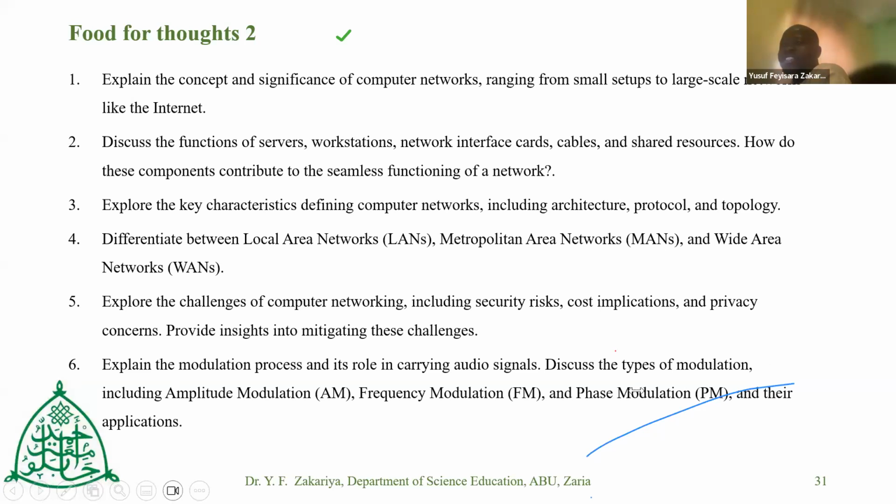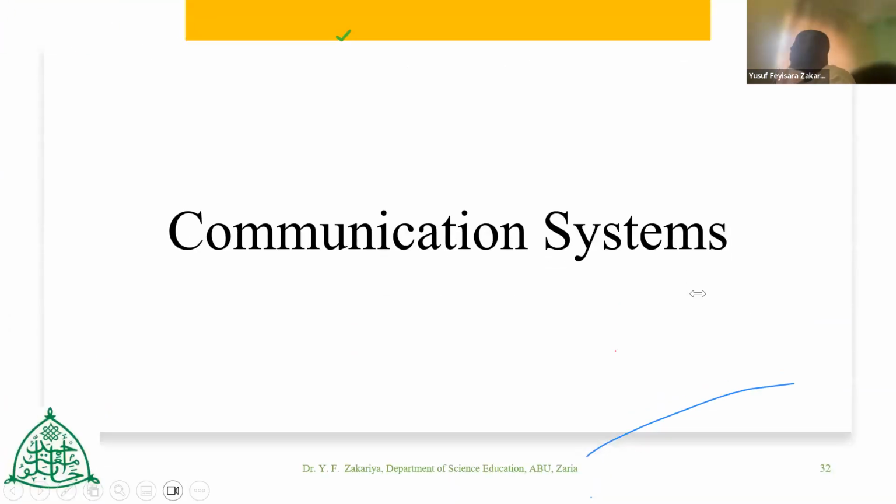But making this question simpler for you to address, I reminded you of the different types of modulation. What is left for you now is just to explain. It's just to discuss. Okay? Now I've given you the types: amplitude, frequency, and phase. Now discuss. Okay? So take note of this when you have this type of questions in your exam.